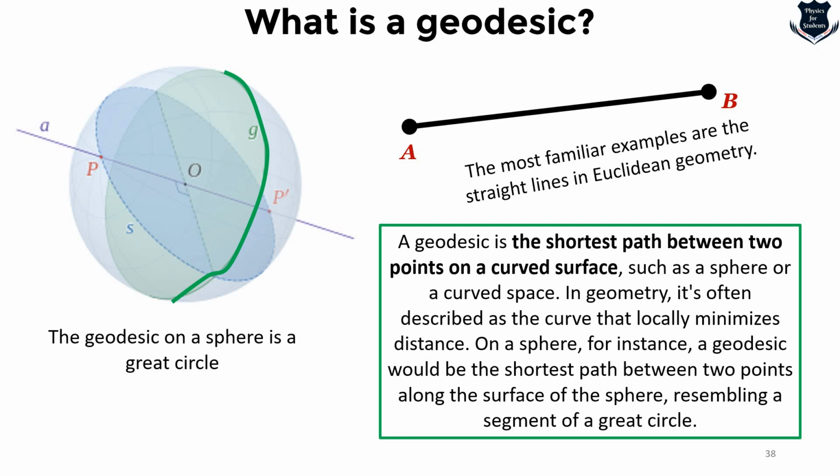In geometry, it is often described as a curve that locally minimizes the distance. On a sphere, the geodesic is the great circle. We can have triangles, etc., which I have not explained. This is just to let you know that given a manifold, given a kind of surface, it shows the shortest path between 2 points.